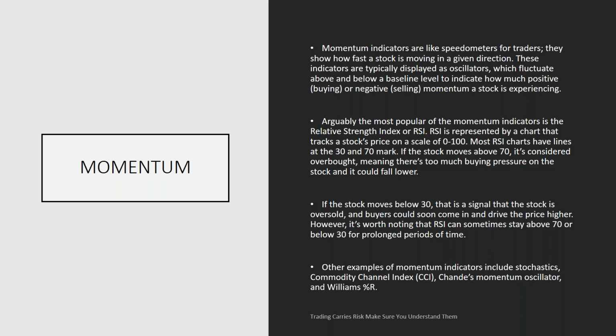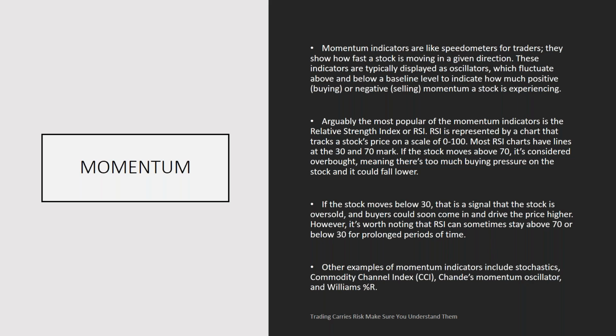Arguably, the most popular of the momentum indicators are RSI, or stochastics. Now, these are also known as what we call bounded indicators. They fall in the category of bounded indicators because they are bound between a top number and a bottom number. So, for instance, RSI or stochastics, no matter how you calculate them, will come in between 0 and 100.